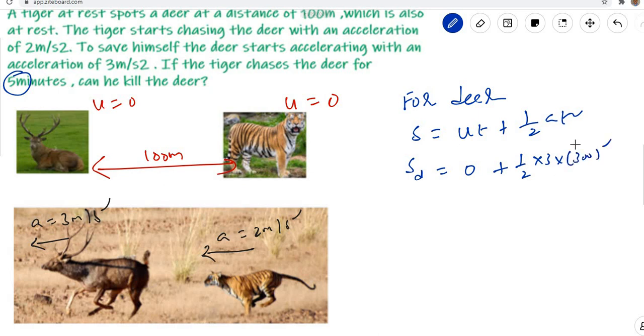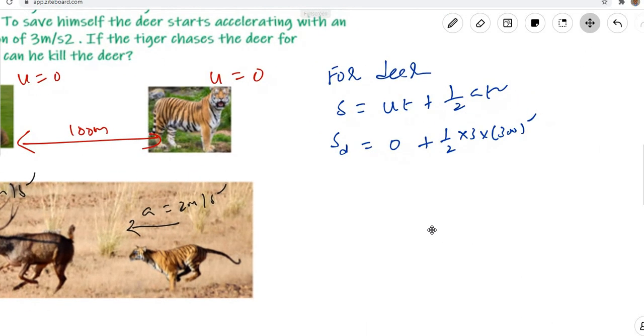So 300 whole square. This is a very important thing. So from this we understand that the distance traveled by the deer, SD, is equal to, no need to write the 0 value, half into 3 into 9 into 10 power 4, I'll write in terms of powers. So this is nothing but 27 by 2 into 10 power 4 meters.